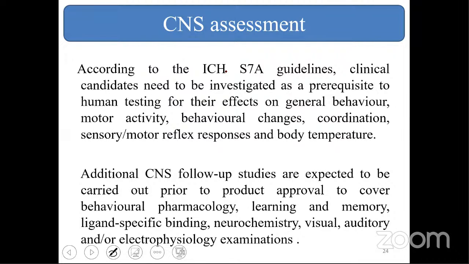Behavioral changes, coordination, motor reflex, and in addition body temperature are all monitored in the central nervous system.